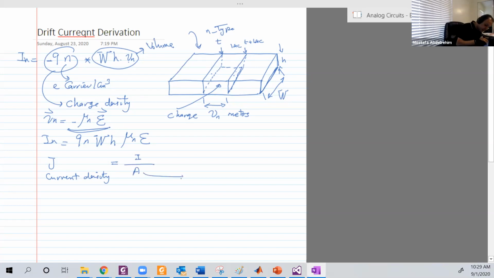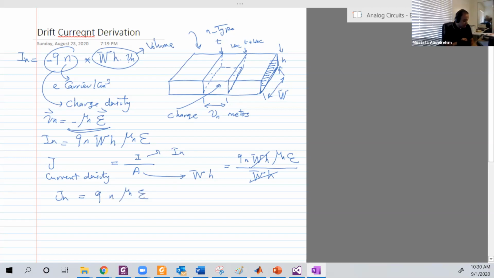In that case, the cross-section area is W multiplied by H, and our current is In. So this is equal to q n W H mu n epsilon over W H. So Jn, because these are electron carriers, equals q n mu n epsilon.